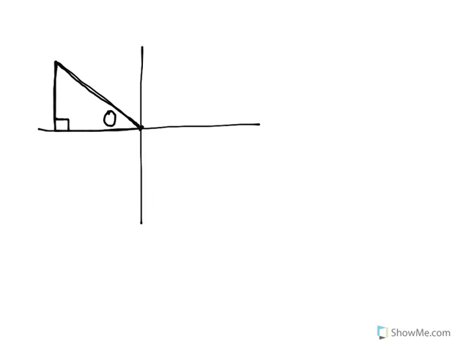And we're going to put our theta nearest the origin. And we're going to start with a basic 3, 4, 5 triangle. So I'm going to put my 3 here, my 4 here, and my 5.